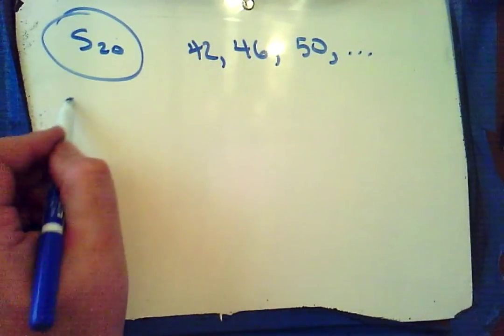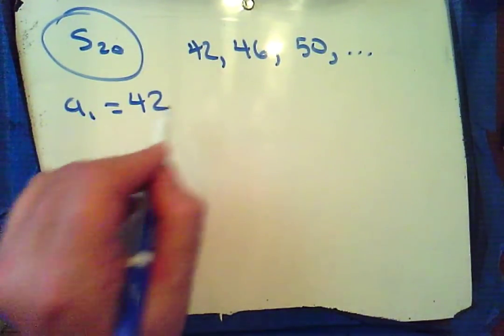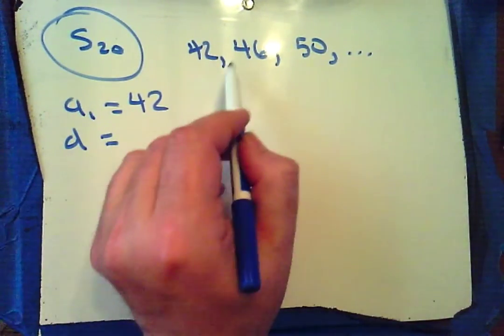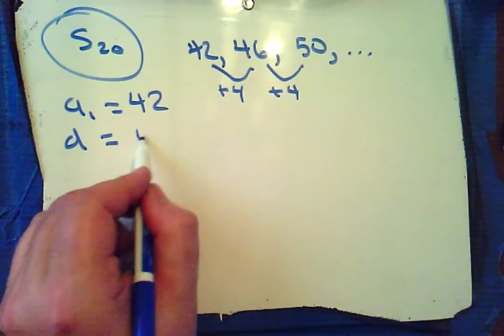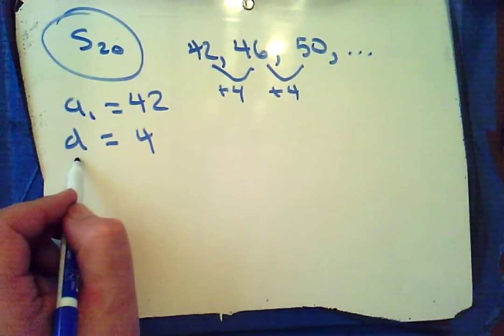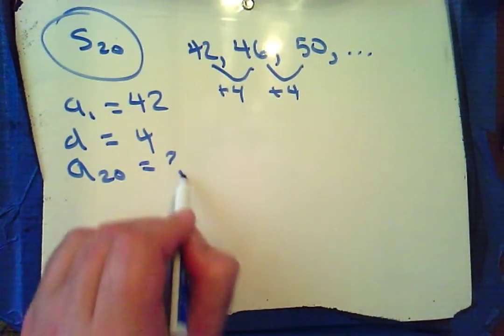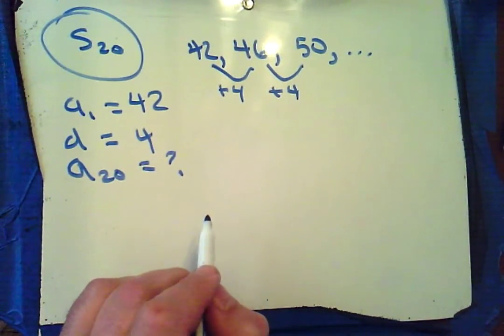Welcome back. I see my a sub 1 is 42, and I can tell pretty quickly that d is plus 4. But I don't know a sub 20. So I'm going to have to find that first.